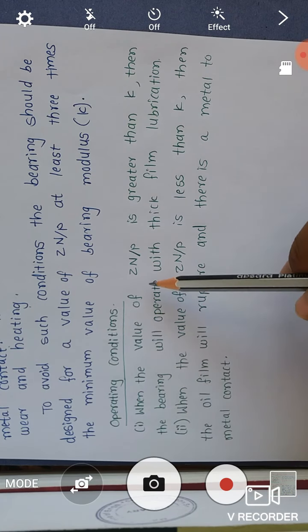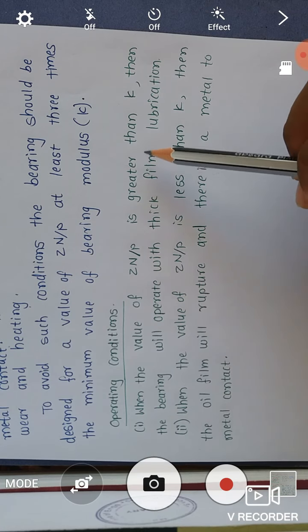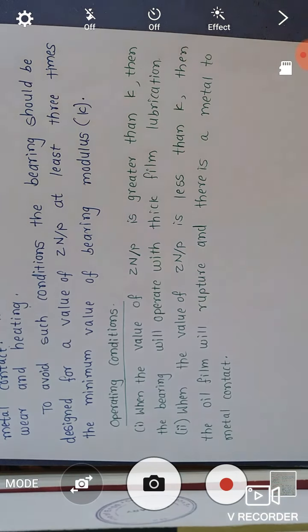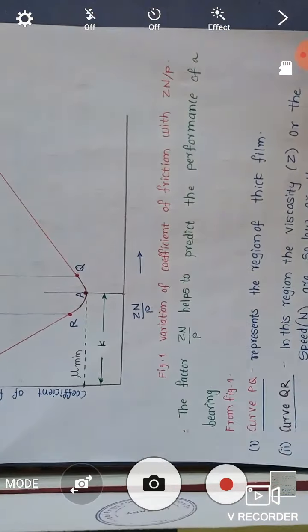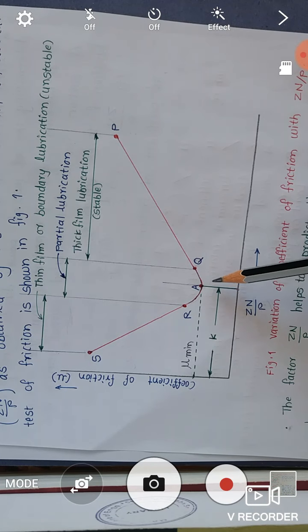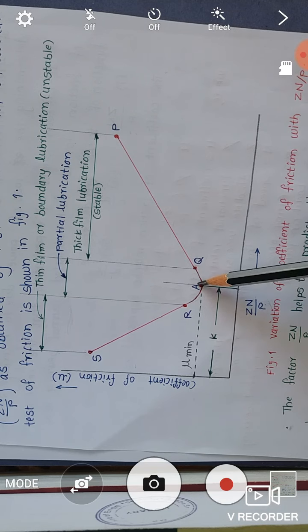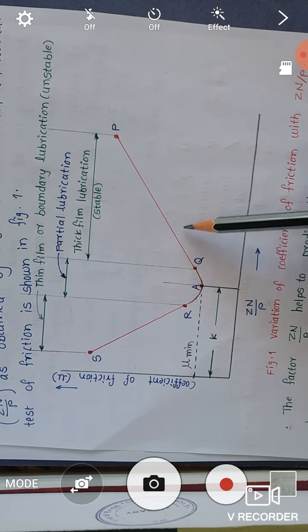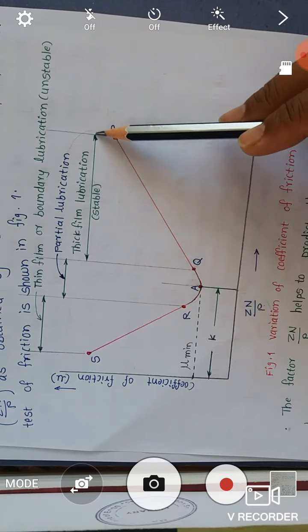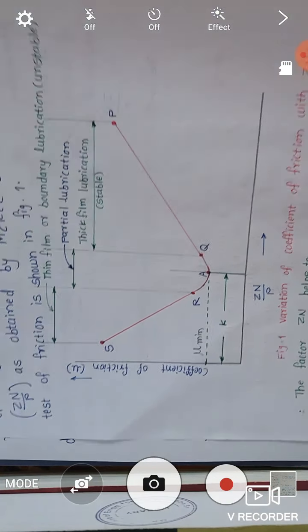First, when the value of ZN upon P is greater than K, then the bearing will operate with thick film lubrication, that is this region. So this region is mostly related to thick film lubrication.